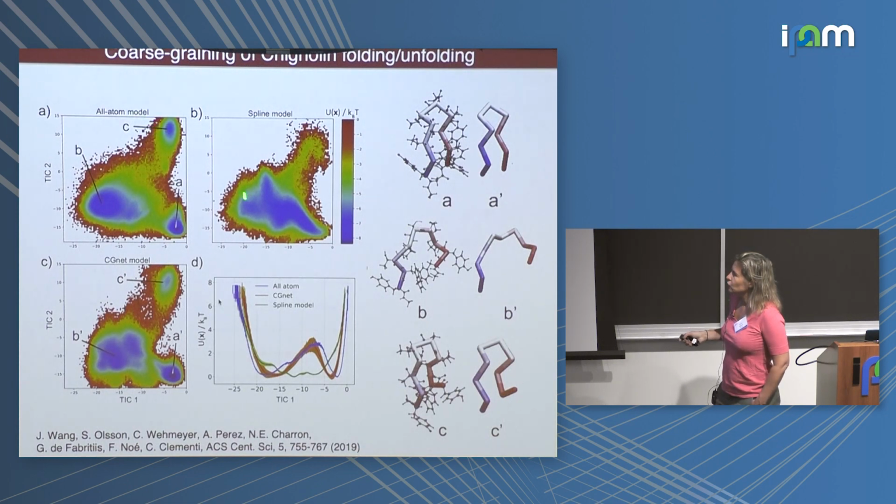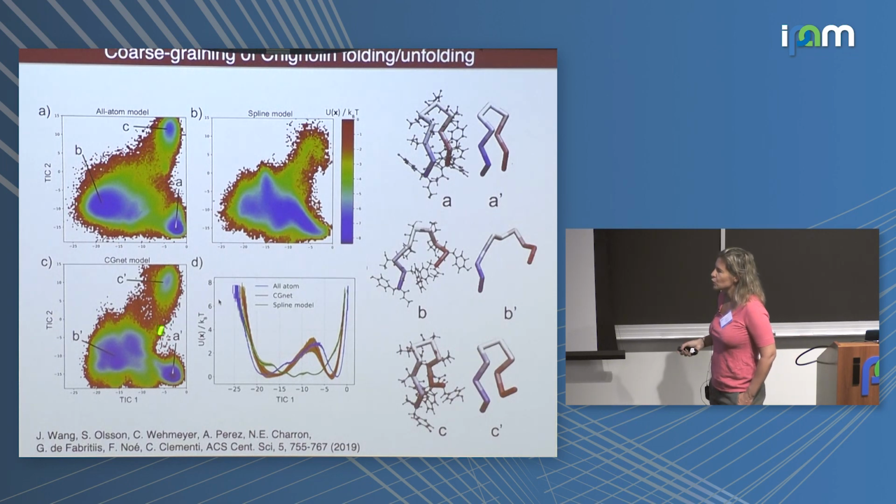And if we use only two-body interactions, as you can see, you don't find the folding-unfolding transition. There is just a blob that is in between the folded and unfolded. While if we use the regularized CGnet, we find the folded, unfolded, and misfolded minima. So we can reproduce the overall folding, unfolding, misfolding of this process.